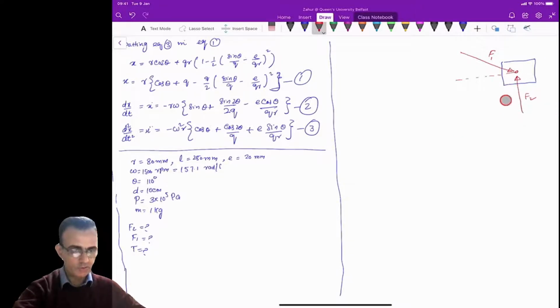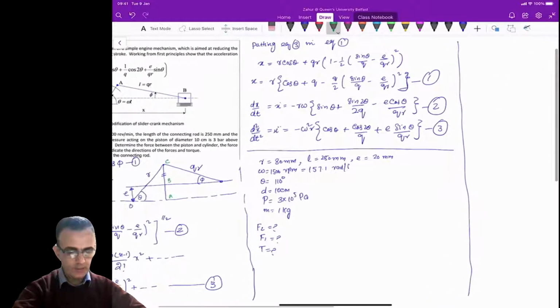F2 is from the cylinder on the piston, and you have PA from here, and this angle is given, which is phi. First thing is that phi is not known, so we need to calculate this phi here.